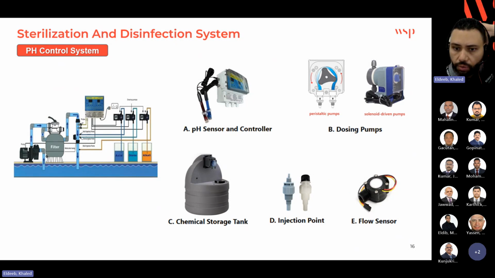Those are the main components of the pH control system, and understanding the function of every one of them will help us to do proper design and piping connections. So in terms of connections, we need to also consider placing the sensor in the main return line after filtration, and to inject the acid or base, whatever needed, in a high flow area, like the return line downstream of the booster pump or the circulation pump.